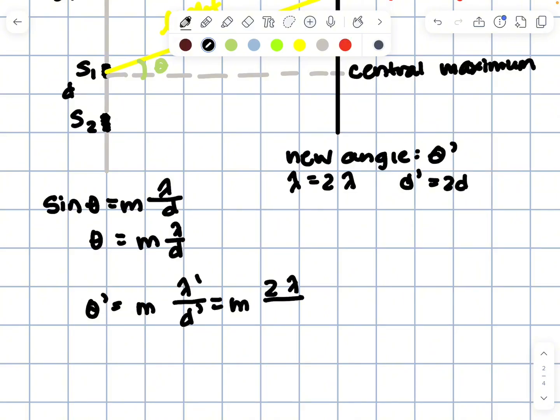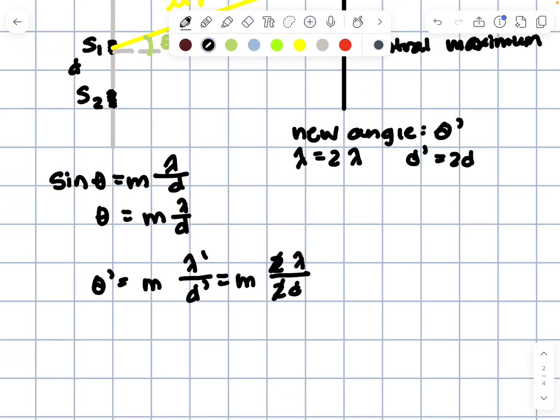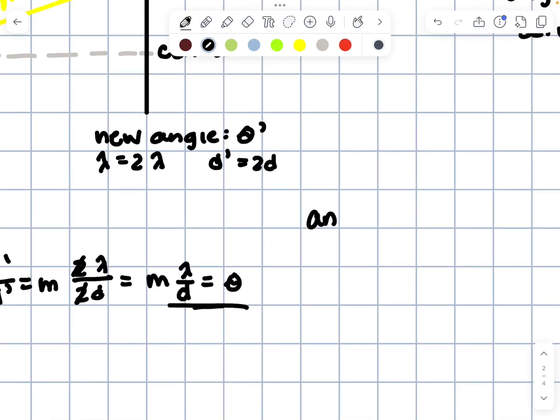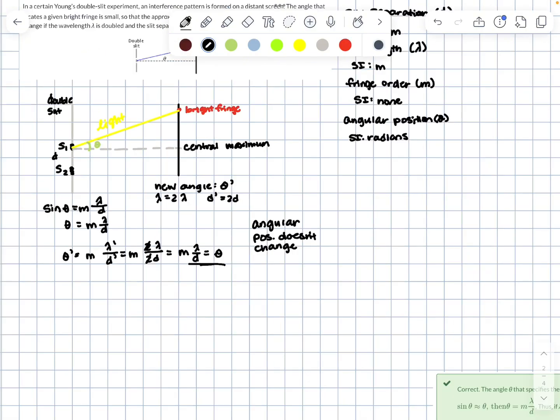We can go ahead and plug in our new values, 2 lambda and 2d, and then the 2s cancel out in the numerator and denominator, but the lambda and the d stay, so that equals m lambda over d, which equals theta. And since this brought us back to the beginning, the expression is not changing at all, so we know that the angular position also does not change. So that is our conclusion for this. Doesn't change. And now we can go ahead and check to see if this is correct.